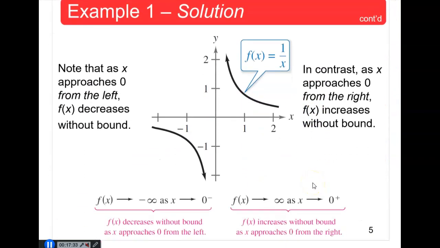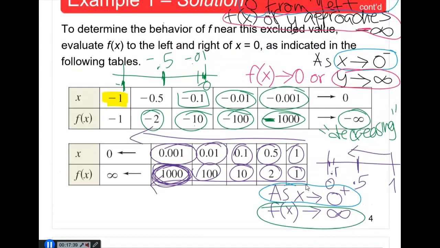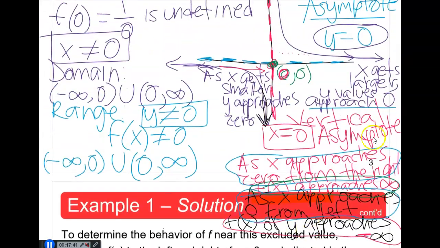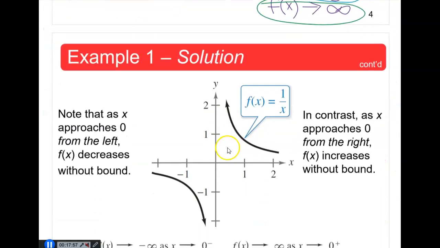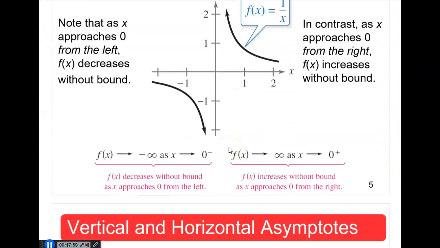Okay, now the other two statements that we made were that if x gets larger, the y values approach 0. And we also say as x gets smaller, the y values approach 0. So let's see how that will look within our notation.